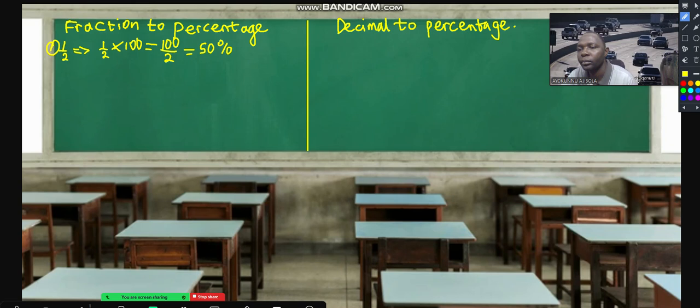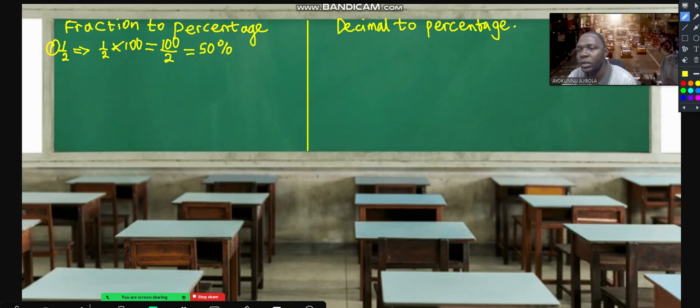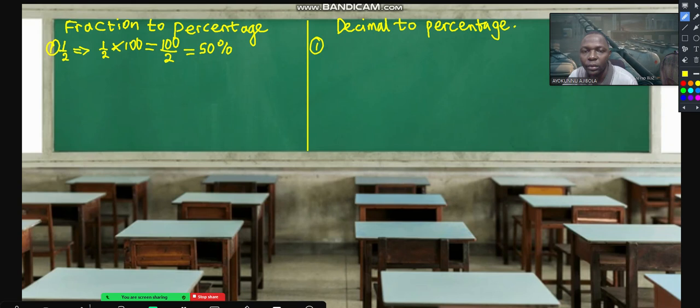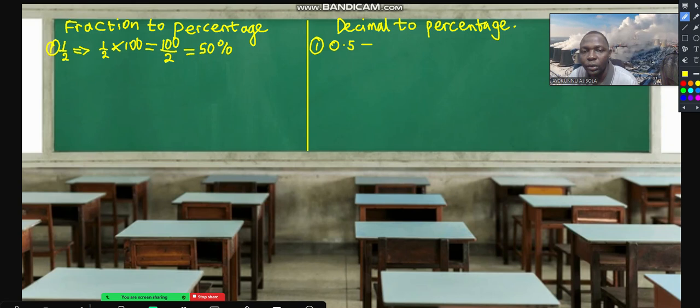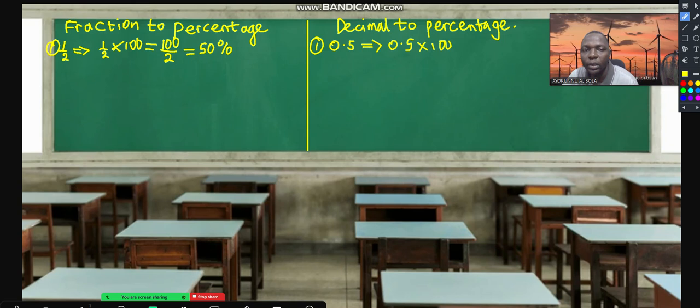You remember this 1 over 2 is the same as 0.5 in decimal. So to change it to a percentage, simply say 0.5 times 100, and that will give us 50% if you multiply.